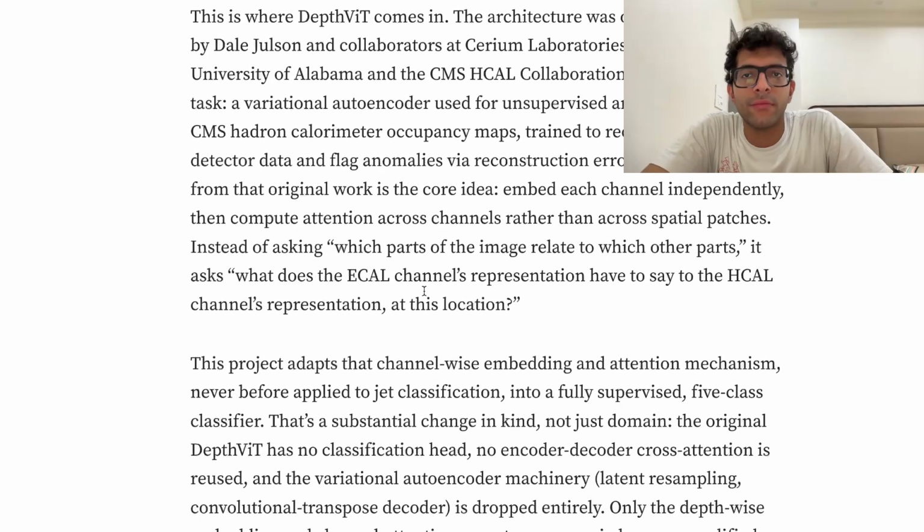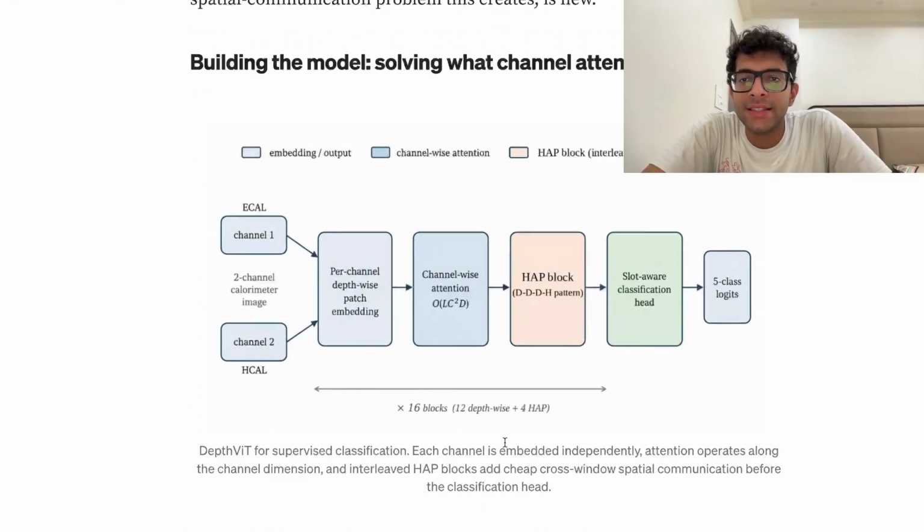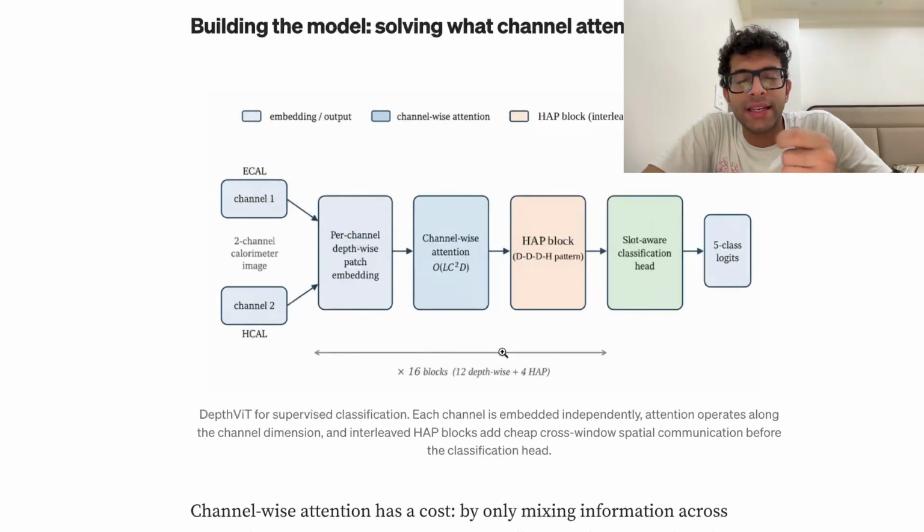Now if we move forward, this is the entire architecture. You have two types of channels going into the depth-wise patch embedding, and then the channel-wise attention, which is something novel or new. And then we also have a HAP block. I'll tell you more about it eventually. But what exactly is the best thing about this architecture?